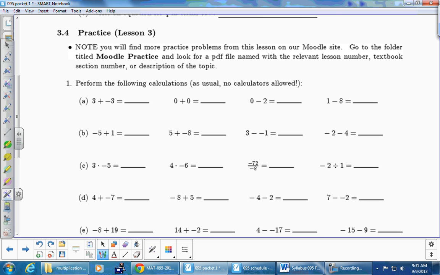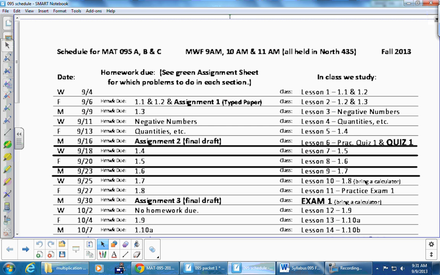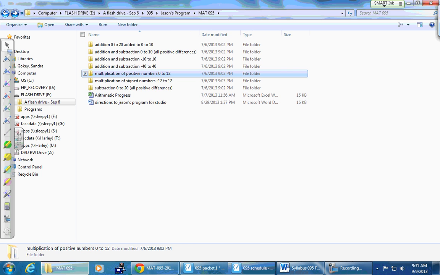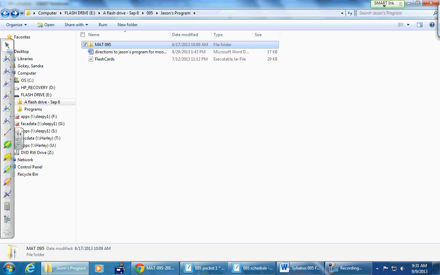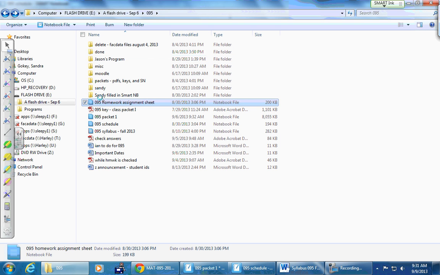All right, so yes, question. The homework for today is the thing... Great question. Thank you for asking it. So tonight's homework, let's pull it up. If you go to the schedule, it says that tonight's homework due on Wednesday the 11th is negative numbers, but you will always find the homework assignments in the same place, and that was in that green, the little 3-page green document. So let me see if I can pull it up here real quick. Schedule, homework assignment sheet.